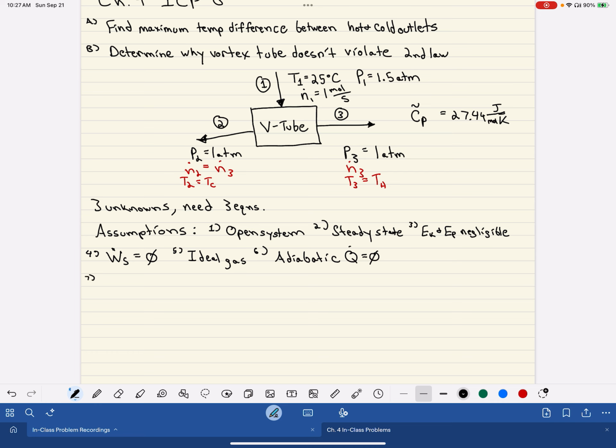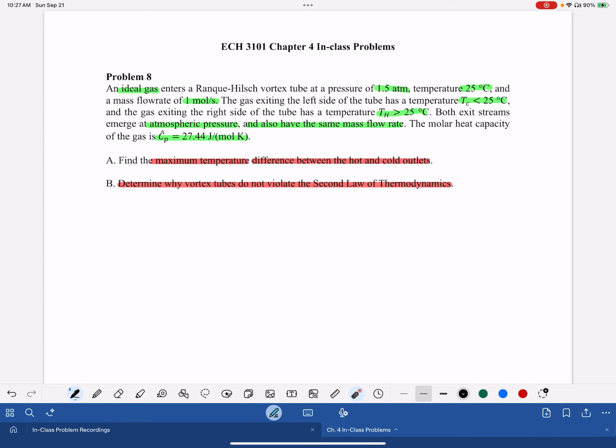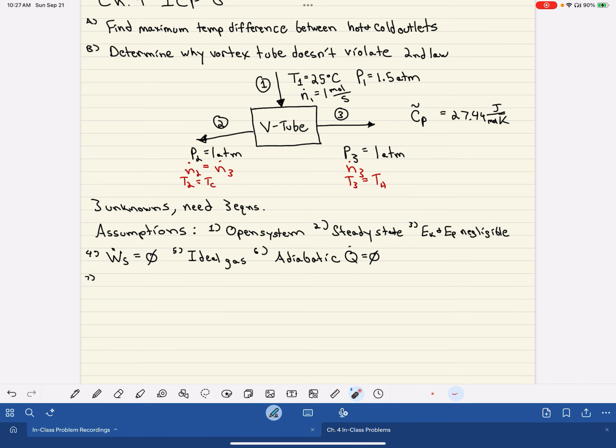Now, there's one other assumption that the problem hints at. What it's asking us is to find the maximum temperature difference between the hot and the cold outlets. And so in order for the maximum temperature difference to occur, all of the energy that comes in with the inlet stream has to be split up between the cold and the hot stream.